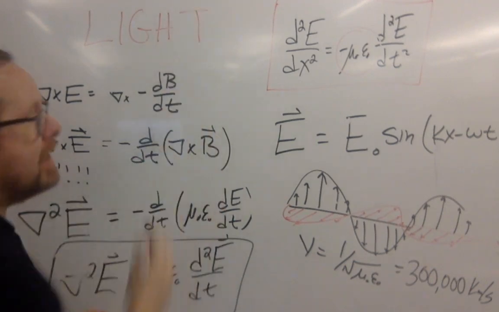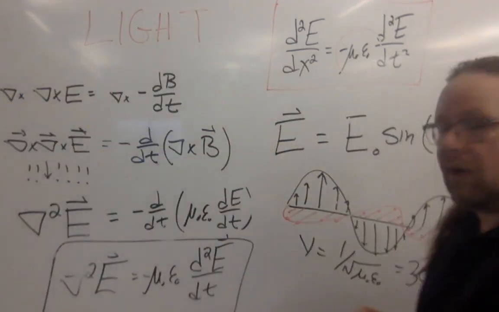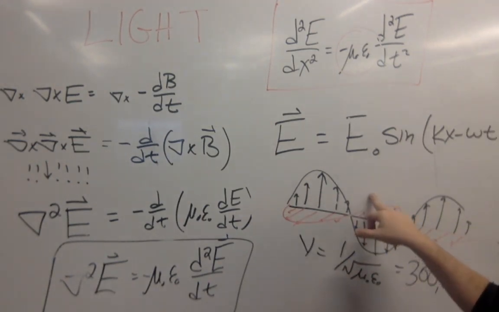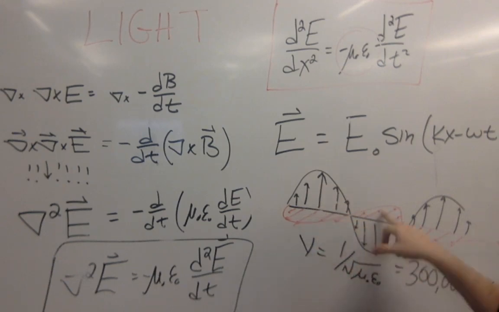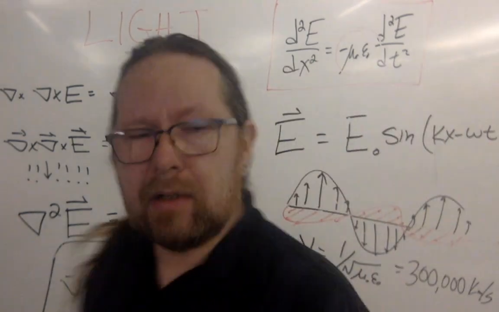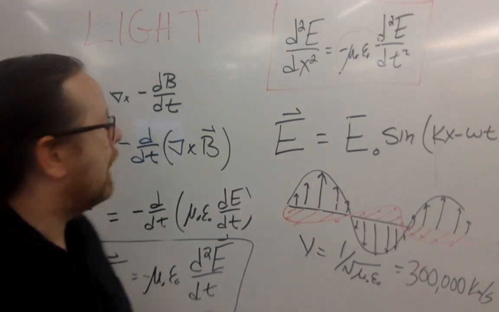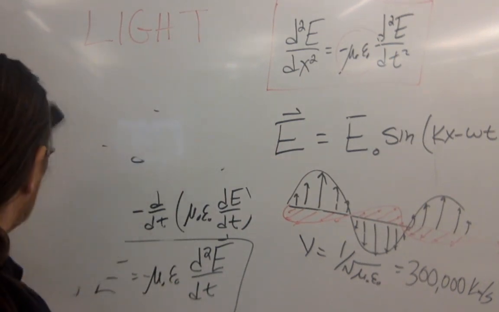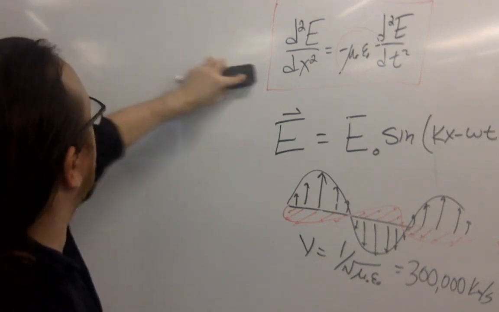That light is nothing more or less than a wave of electric and magnetic fields propagating through space, the electric field creating a magnetic field, the magnetic field creating an electric field, varying in space and in time according to a wave equation and propagating through space with a velocity of 3 times 10 to the 8th meters per second.